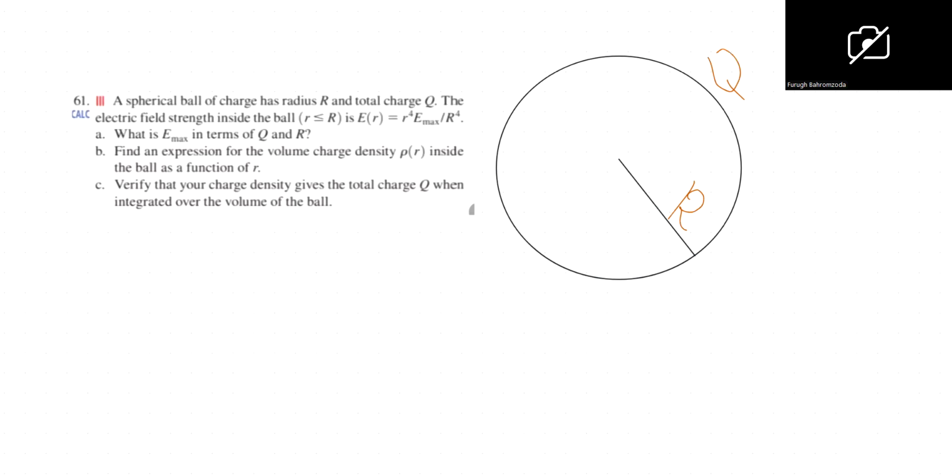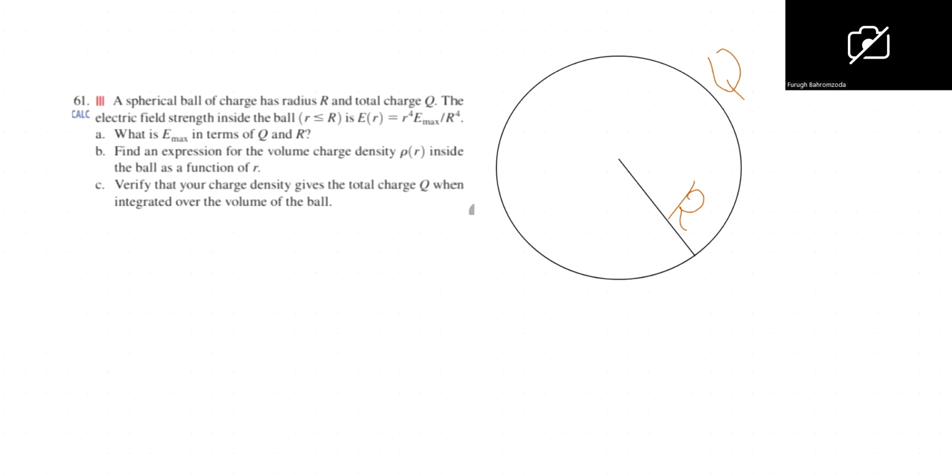We will need to find the electric field max in terms of the total charge q and the radius r of the sphere. And the second part, we will derive an expression for the volume charge density as a function of the radial distance r inside our sphere.